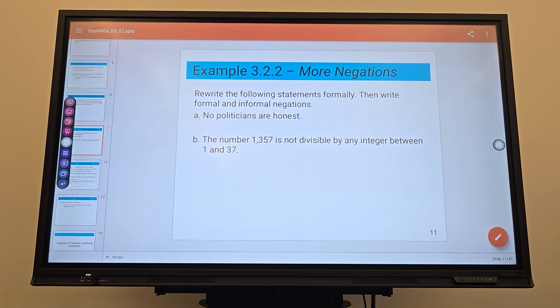The number 1357 is not divisible by any integer between 1 and 37. What would the negation be? There is an integer n between 1 and 37, such that 1357.